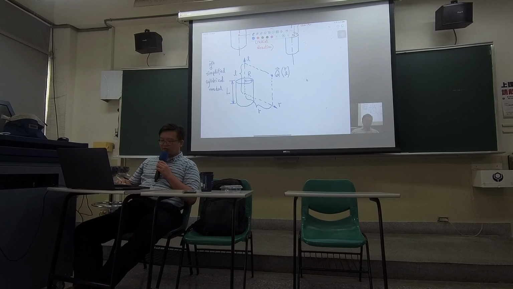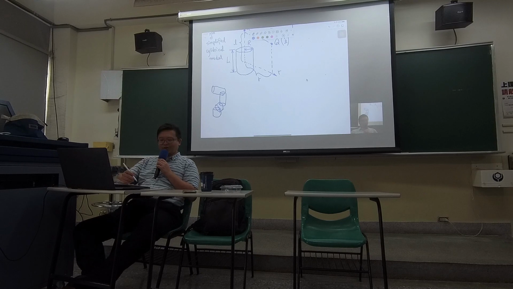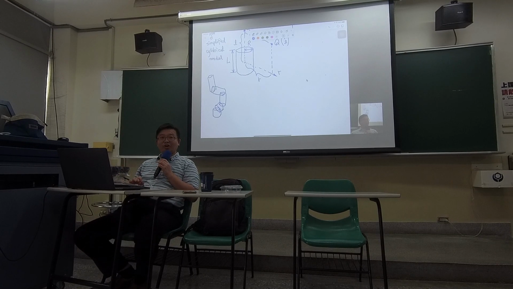So in fact, your robot arm will be looking like this. One cylinder, the other one probably looking like this, the third one probably looking like this, another one. So there will be multiple cylinders, and they will be overlapping with each other.